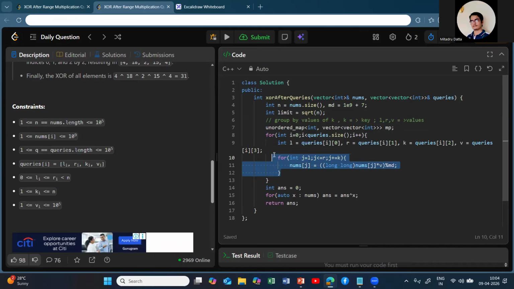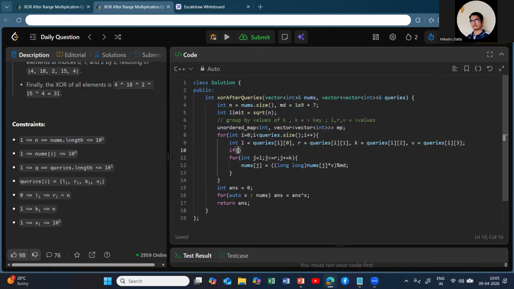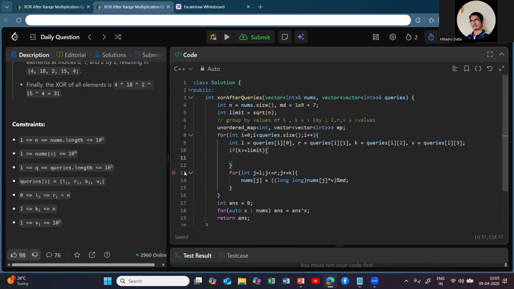And this is what I would do: if this k is greater than or equal to limit, the root n, then only we are saying that I will process in a brute force manner.